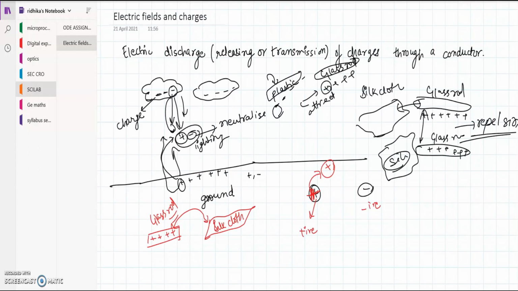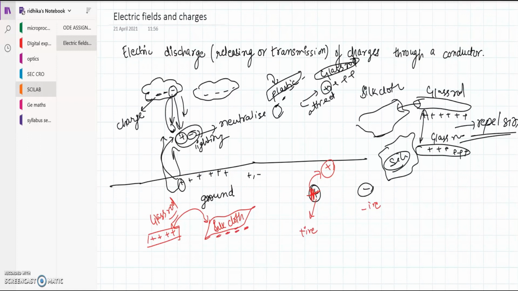That is why it becomes positively charged. If it gives some positive charge to the glass rod, the silk cloth has become less positive. Because it has given some charge to the glass rod, and has become less positive, it is comparatively negatively charged in comparison to the glass rod.